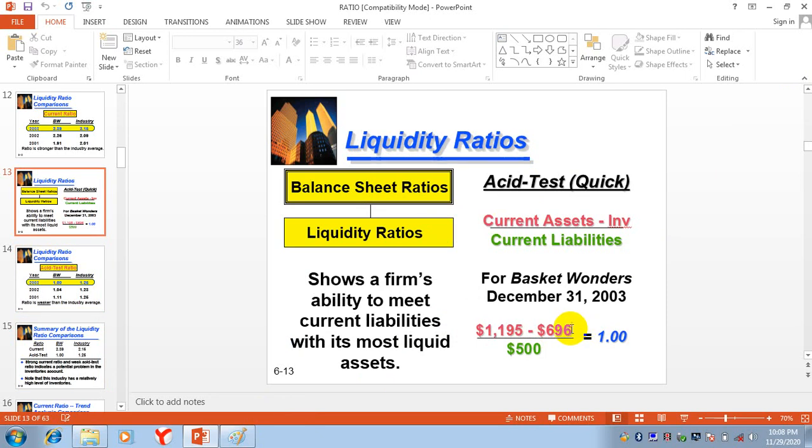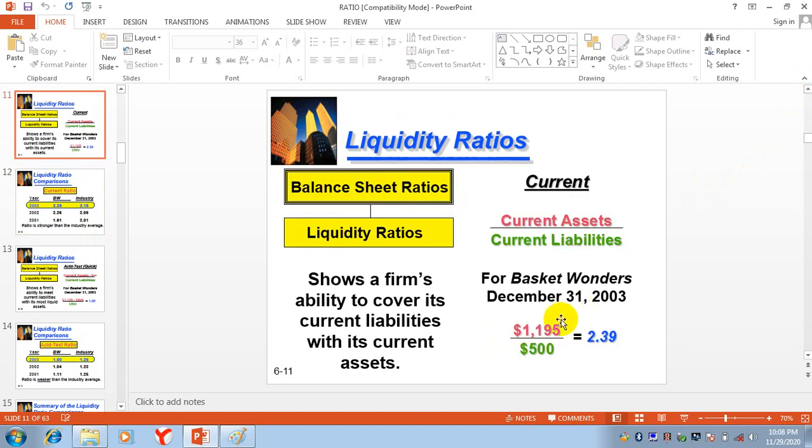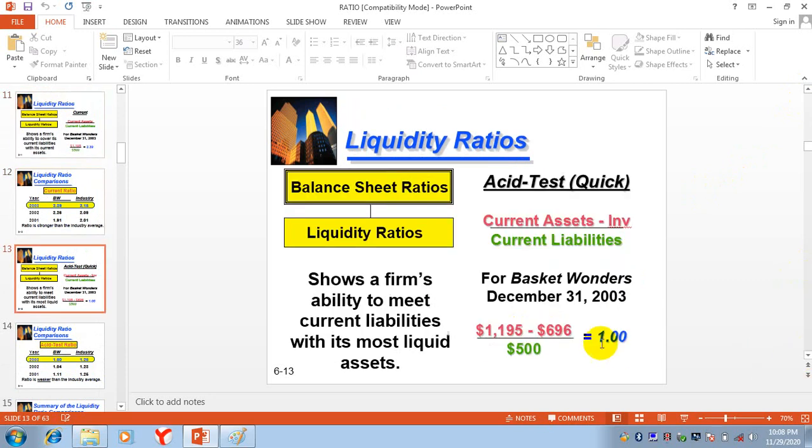Because of this, our current assets are too high here. We didn't deduct the inventory from here, 1195, but here when we deduct the inventory, our quick ratio comes down, 1195 minus 696.